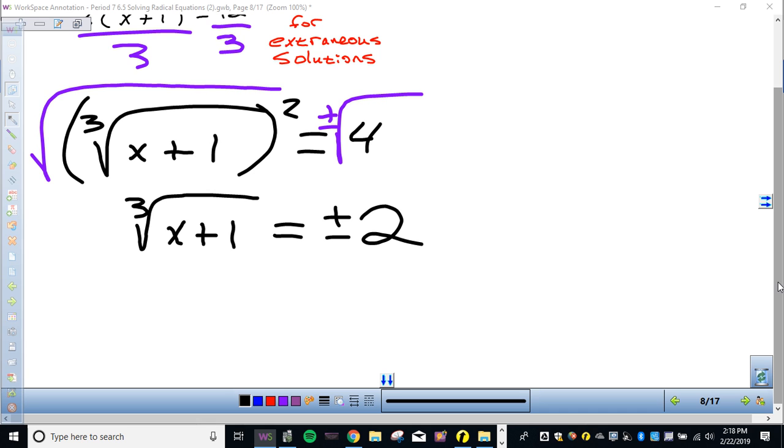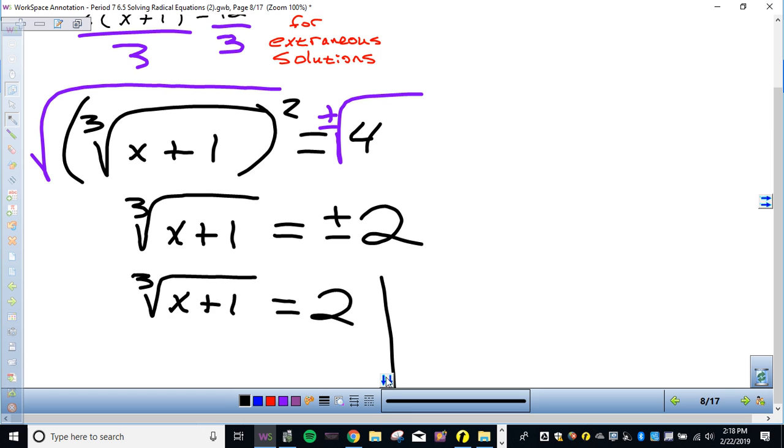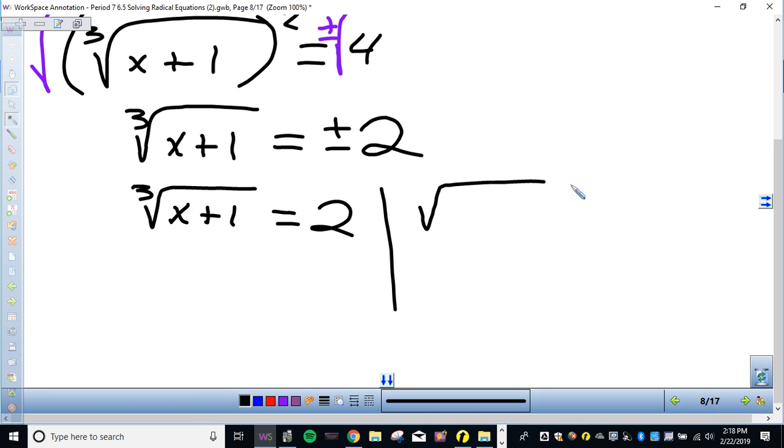And then we have to write 2 equations because we have that plus or minus 2. So we're going to write one equation like cube root of x plus 1 equals positive 2. And cube root of x plus 1 equals negative 2.